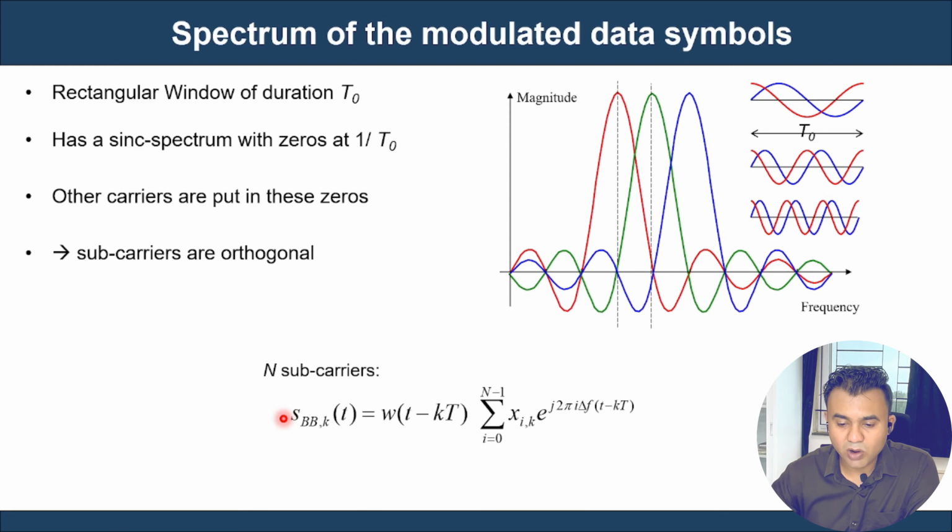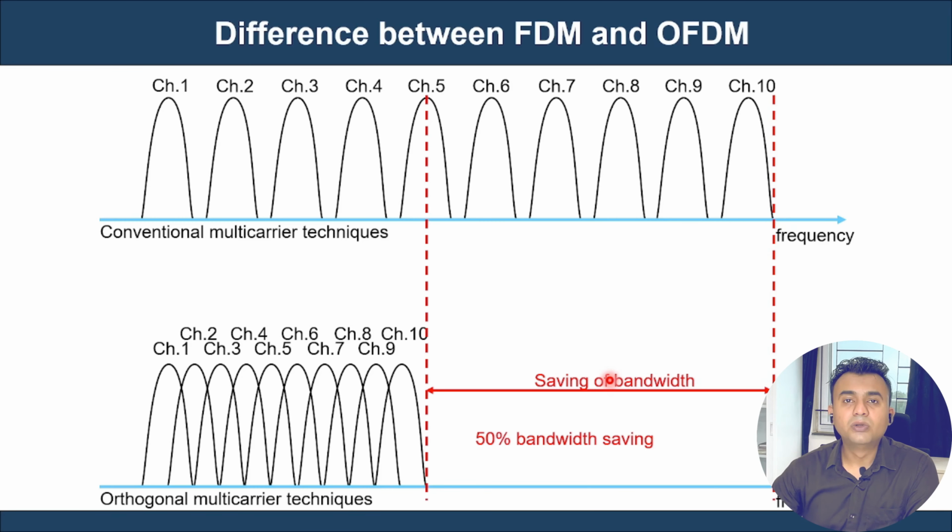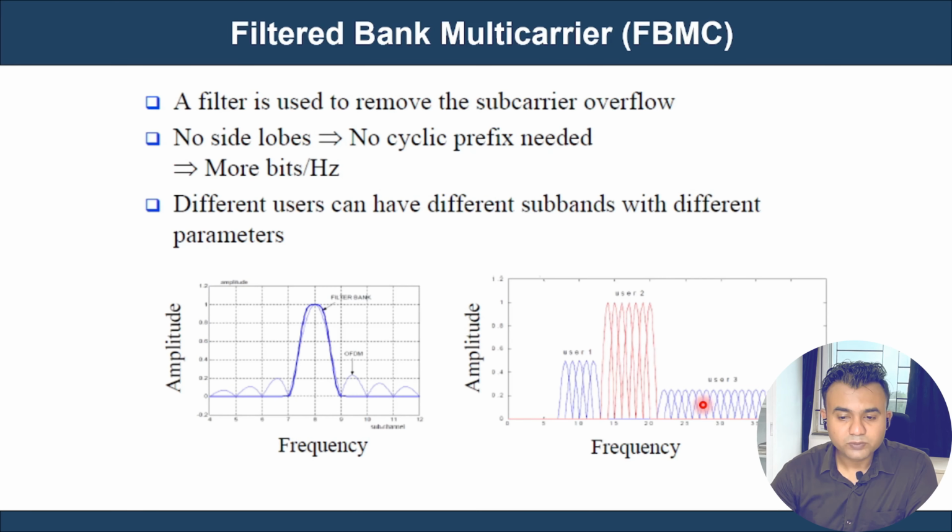So the carriers were orthogonal to each other. So we could transmit the same number of channels in half the bandwidth. So the saving is 50% of the bandwidth, which means we can additionally subscribe double the number of channels. So we can give other 10 users or other 10 channels in this particular bandwidth range. This is the basic difference between FDMA and OFDMA.